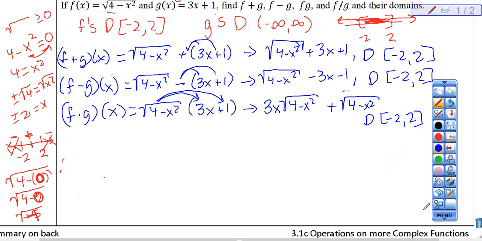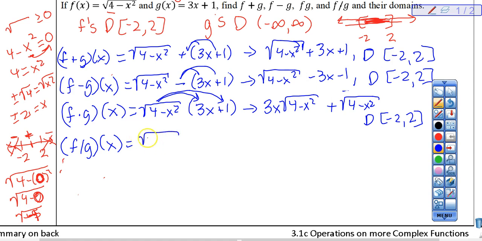Okay. All right. Last one. So again, add, subtract, multiply, same domains. But what about division? Let's check it out. What's going to happen? Can I write this one as a fraction since they're not fractions to begin with? Yes. And you know why I want to? Because I want to see if an additional restriction shows up.